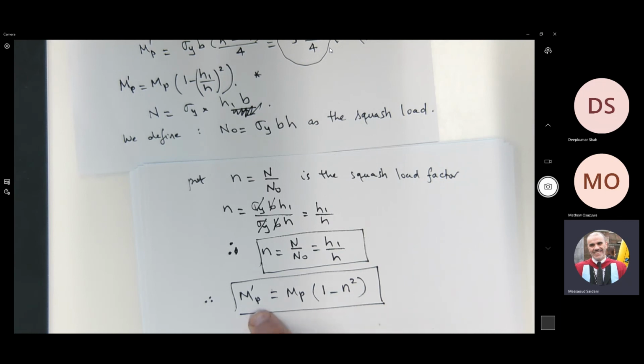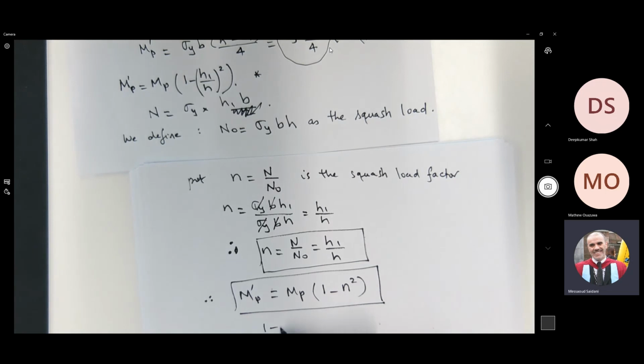MP dash is the plastic moment of the section including the effect of the axial force. What does the axial force do to the plastic moment? If MP dash is MP times 1 minus n squared, what does the axial force do to the moment? Reduce it.